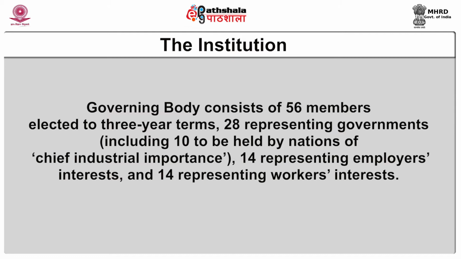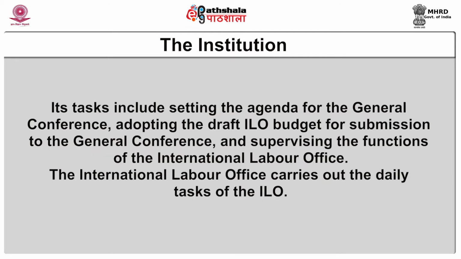The governing body, which is the next portion of the ILO, consists of 56 members elected to 3-year terms, 28 representing governments, including 10 to be held by nations of chief industrial importance. Apart from that, there are 14 representing employers' interests and 14 representing workers' interests, so that everyone has an equal share of participation.